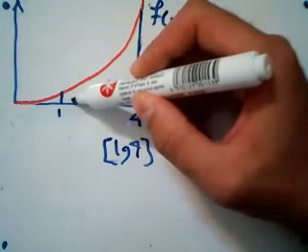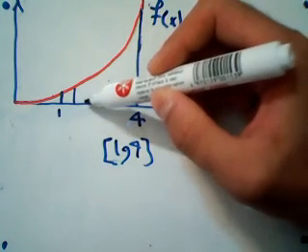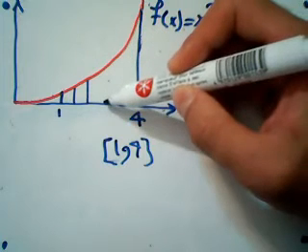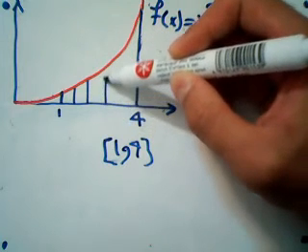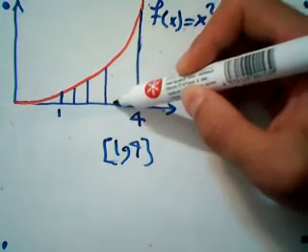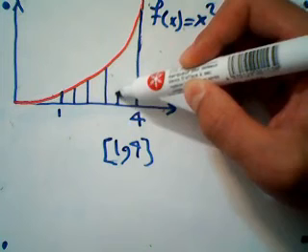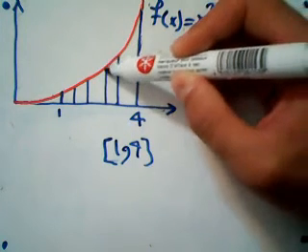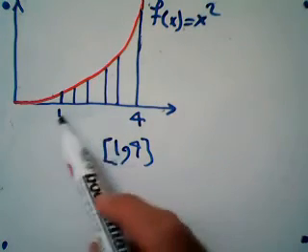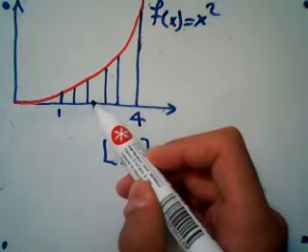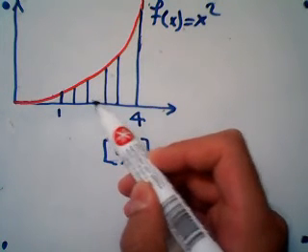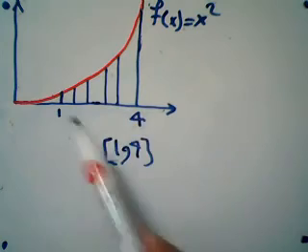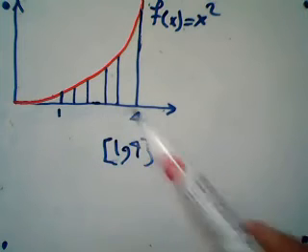Here we got some dots, which means that we got n of them.